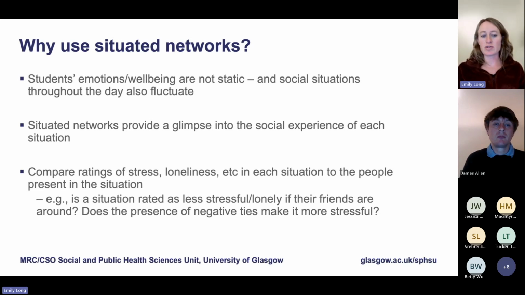So for example, a student is likely to be less stressed if their friends are around in a situation than if they're in that situation without their friends. And then we were also interested in the presence of negative ties and whether negative ties maybe make a situation worse for a student. Anyway, that was the background to collecting our situated networks.